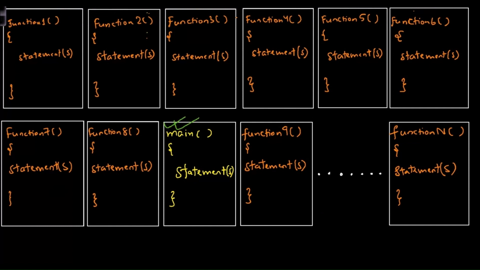Out of all functions there has to be one main function, and the execution will start from the first statement of the main function. If there is no error or mishap during the execution of all the statements, then normally the program will terminate successfully.